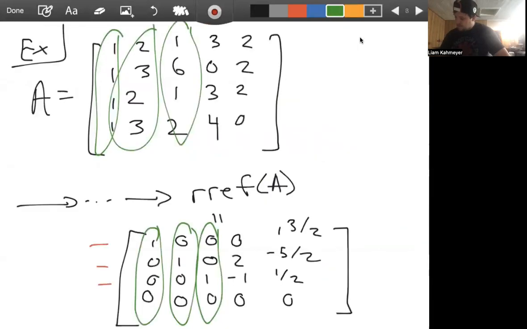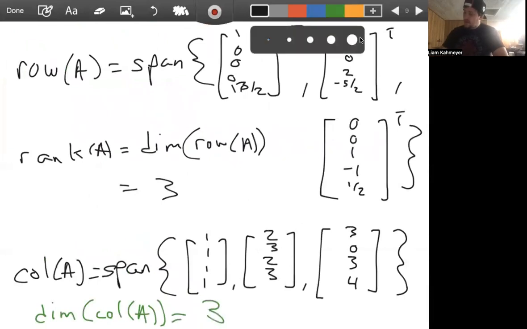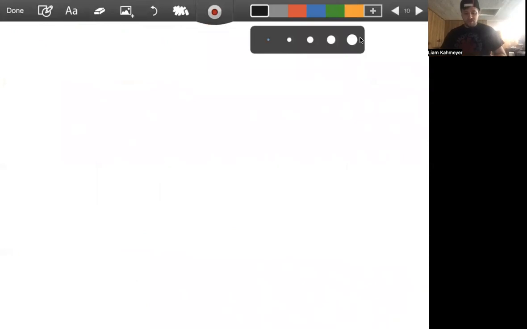In this example, we had 3 pivot positions or 3 non-zero rows. And because we had 3 pivot positions, that means we had 3 pivot columns, which means that the dimension of the column space in this example was also 3. This turns out to be true always.